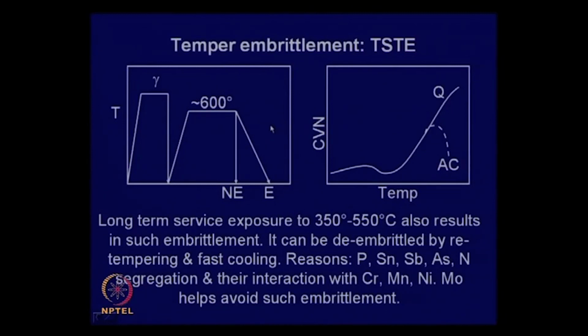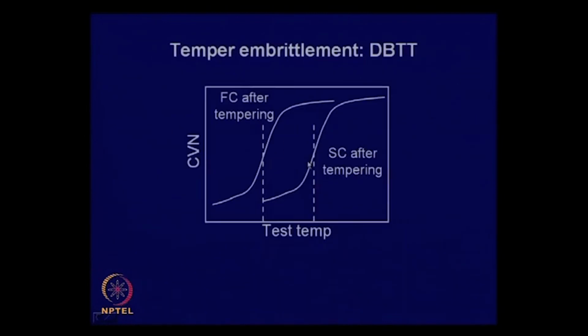So, they are quite prone to this kind of embrittlement, service-type embrittlement. And if you give this kind of heat treatment again, you can restore the toughness. And temper embrittlement is also associated with increased ductile to brittle transition temperature.